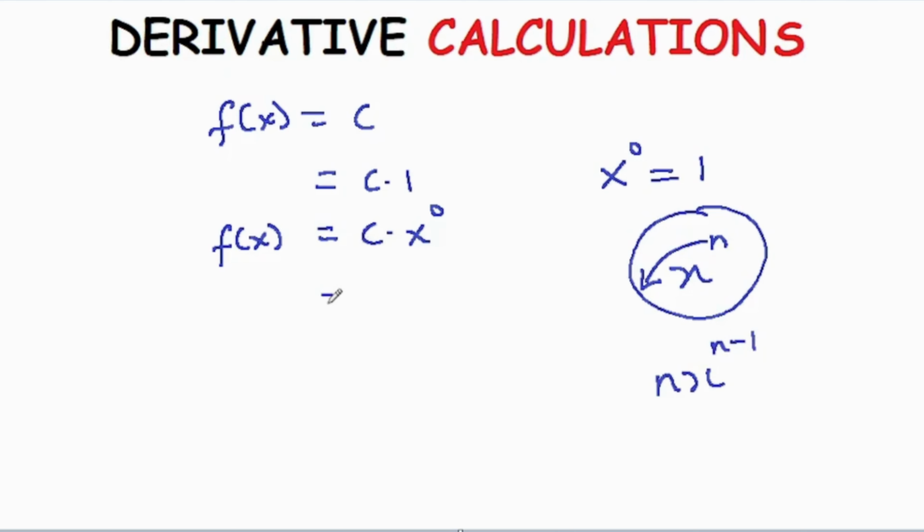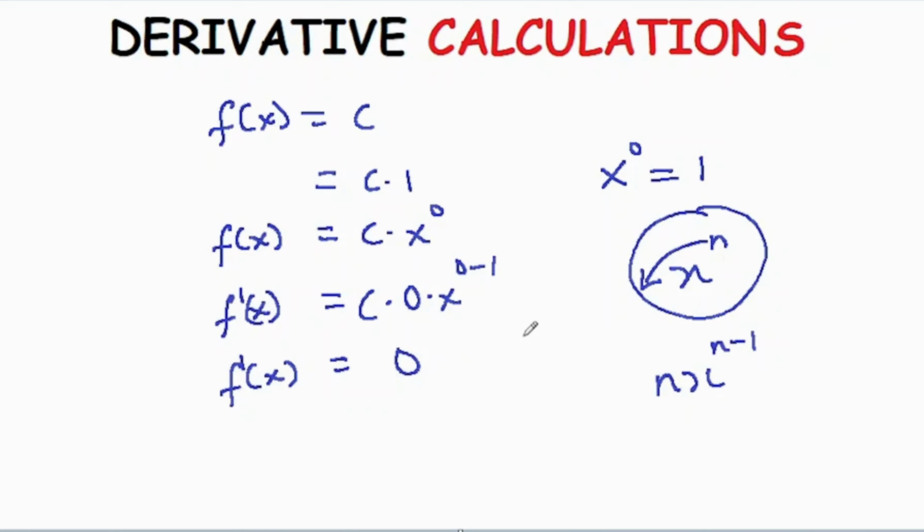So let's do that here. f prime of x: we bring down the 0, which is the power, then we reduce the power by 1. And because of the 0, c multiplied by 0 multiplied by x raised to the power negative 1, everything gives us 0. So the derivative of a constant function is actually 0.